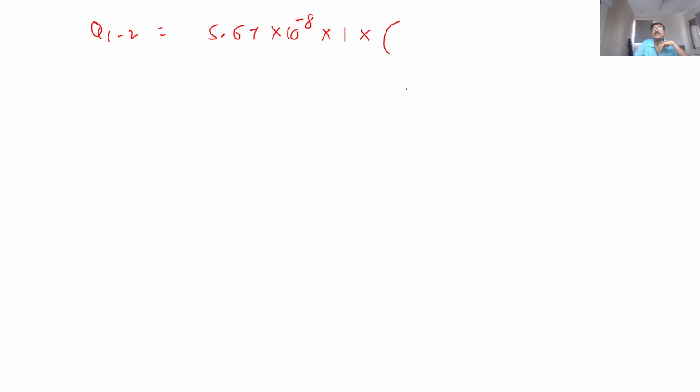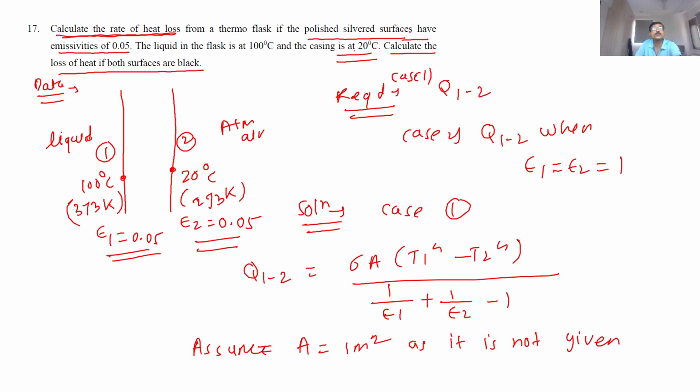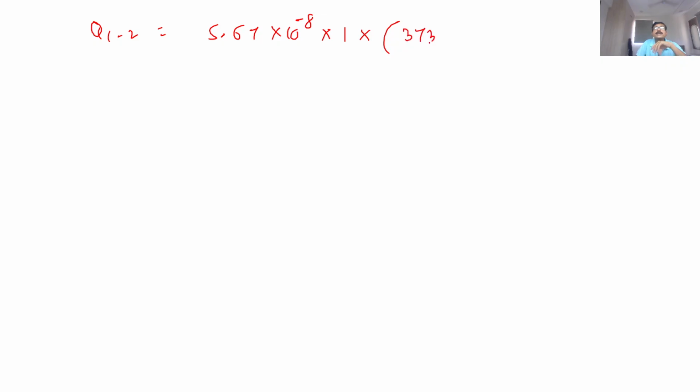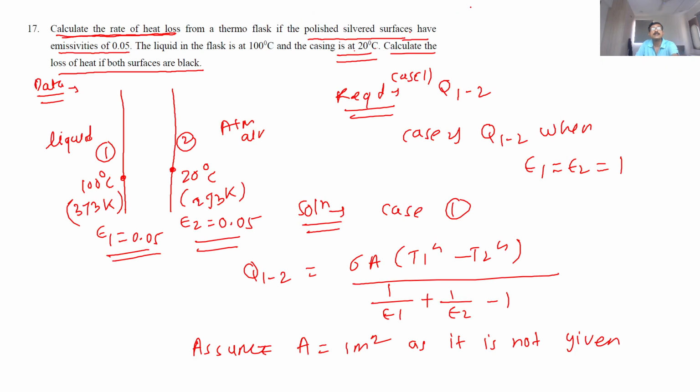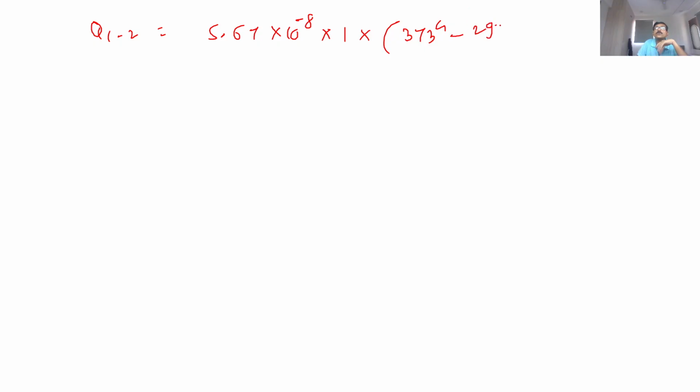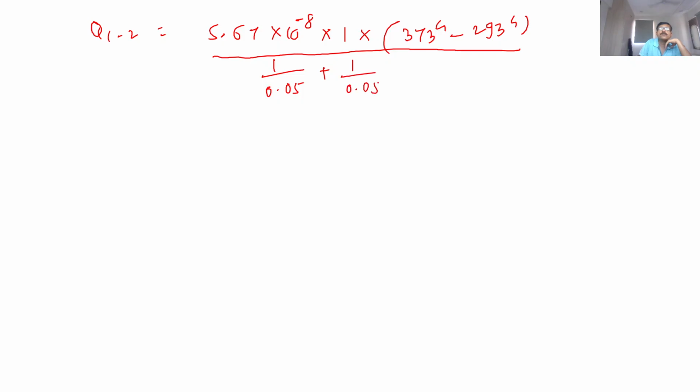And now solve. T1 raised to 4, so what is T1? 373 raised to 4 minus 293 raised to 4, upon 1 upon 0.05 plus 1 upon 0.05, minus 1.